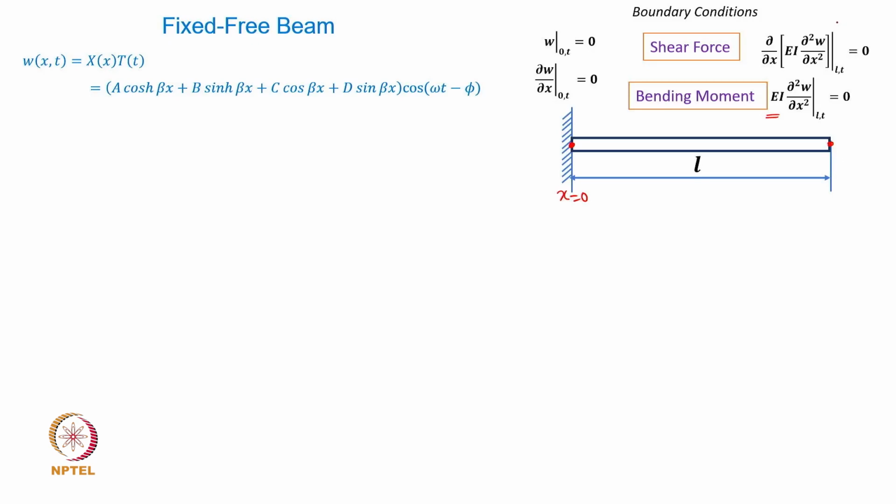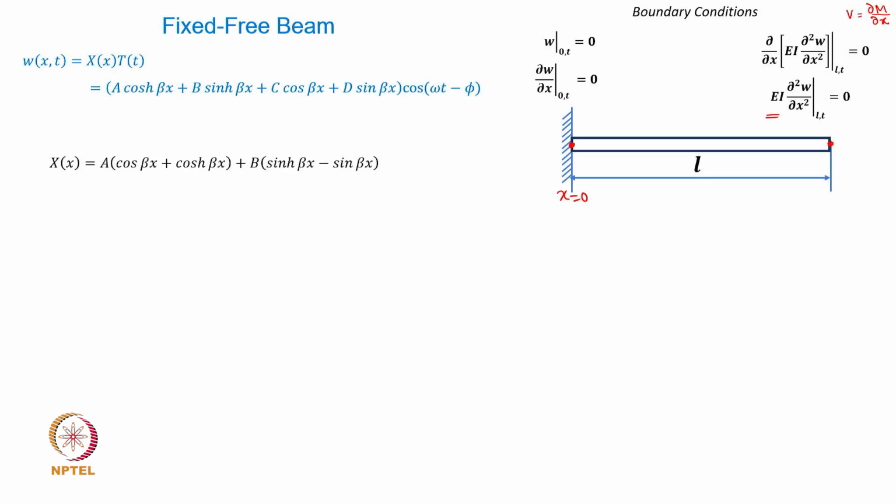And we know that the shear force V is dou M by dou x, and so the derivative of this with respect to x is going to be equal to 0. So these are all the four boundary conditions that we have for a cantilevered beam, and those four boundary conditions should give us all the unknown constants, the four of them that you see in the expression of the response W(x, t).